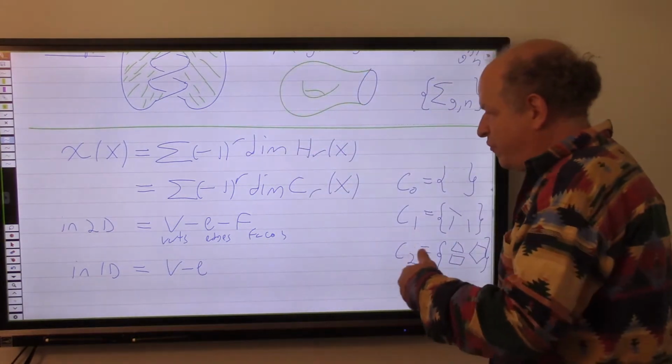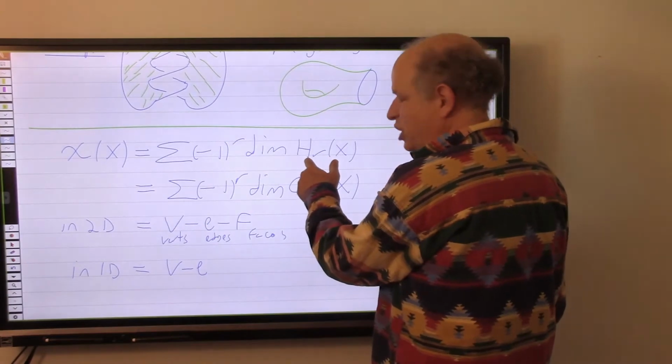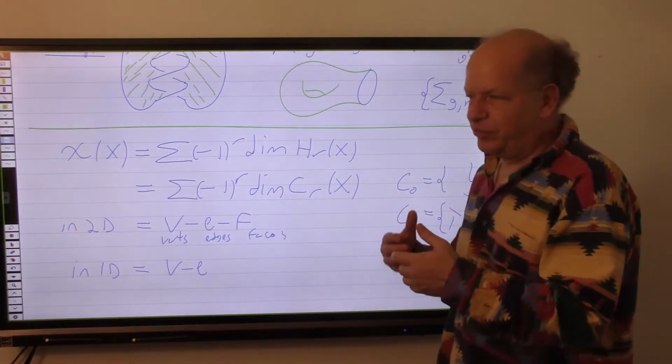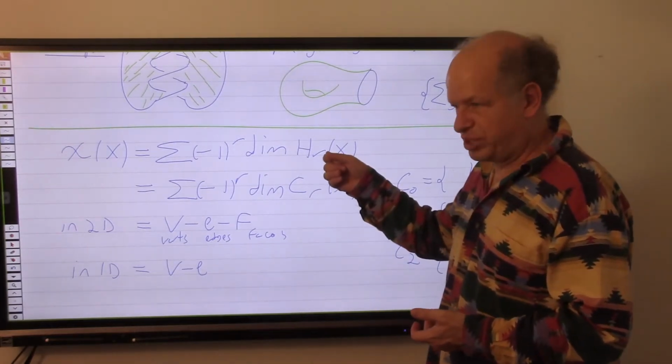And the one further thing to say is that homology of spaces is homotopy invariant. So if you have two homotopy equivalent spaces, they have the same homology groups.